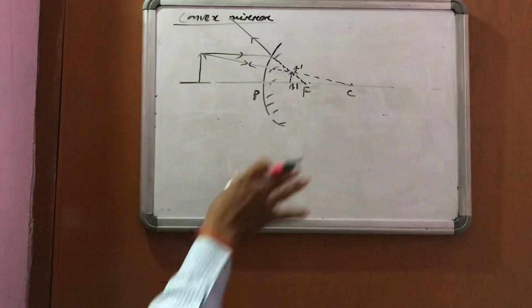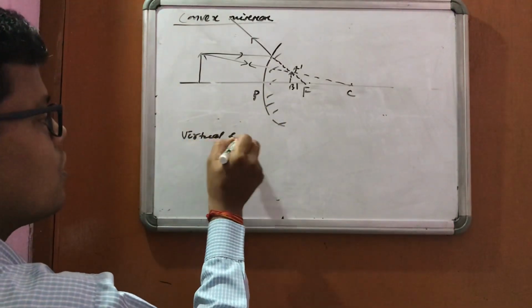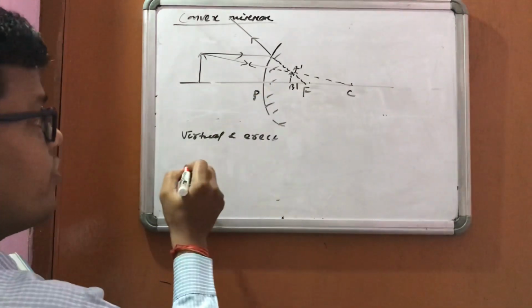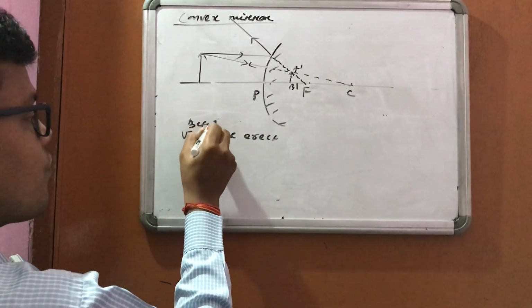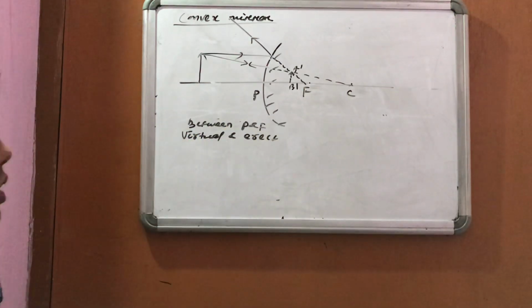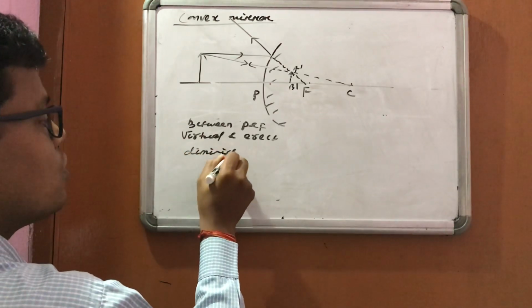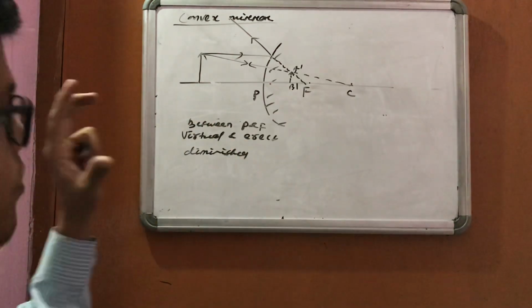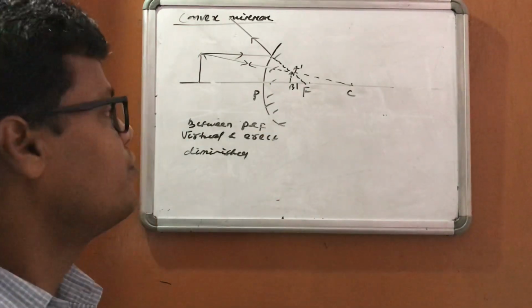So, in case of a convex mirror, the image is virtual and erect, and it is between P and F. Position, nature, size: diminished. So in case of a convex mirror, the image is always diminished.